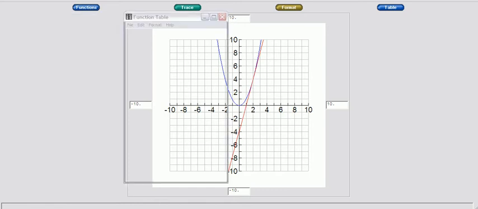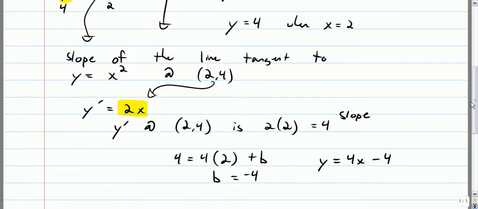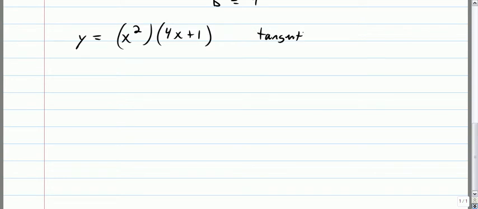Alright, so next problem, we get a different curve and a different point. So we had y equals x squared plus 4x plus 1. And we're going to be tangent at x equals -1.